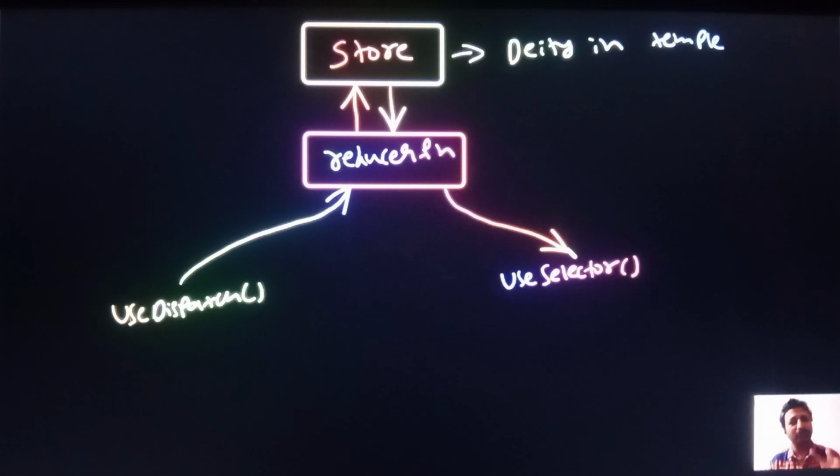So what do we have to do? We have to create an object first, then convert that into a store. You have to create a function first, convert that into a reducer. So reducer and store are both linked. Then use dispatch for sending to the reducer. You use selector for getting from the reducer. The reducer is what you connect to.